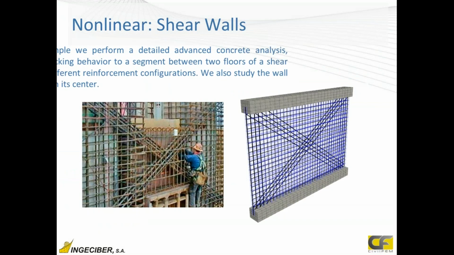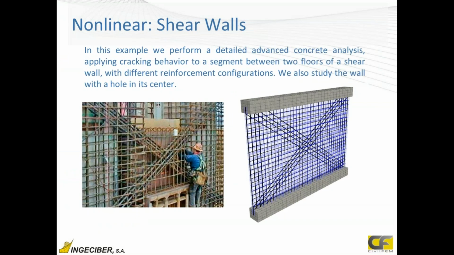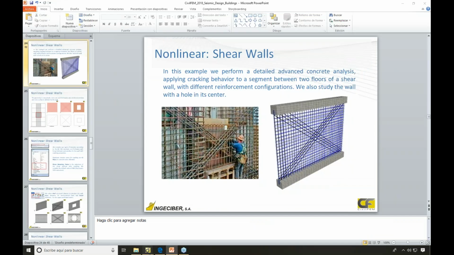Okay, so the next part, as I told you, is to study in detail some parts of our structure. In this example, we will create single models to check the crack behavior of the shear walls with different configurations of the rebars and the concrete, if it has a hole, if it's voided or not.